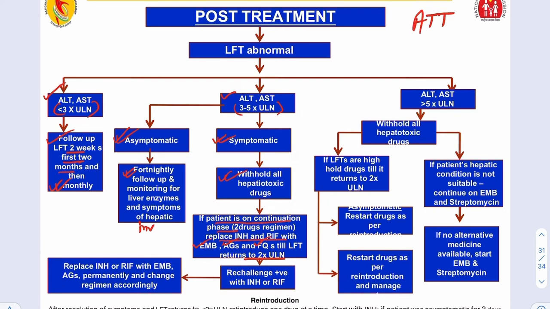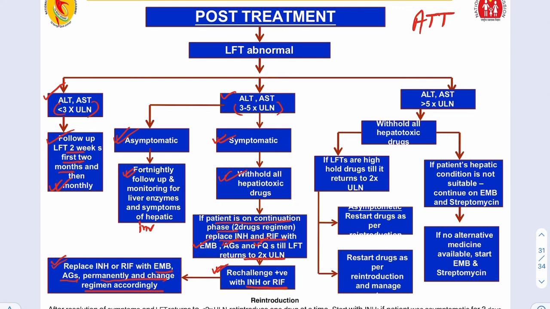When the LFT returns to 2 times or below 2 times of the upper limit of normal, we can re-challenge the patient with isoniazid and rifampicin. Okay. Replace isoniazid or rifampicin with ethambutol, aminoglycosides permanently and change regimen accordingly, if again the patient develops hepatitis, if the patient becomes very much symptomatic with the re-challenge. Okay.